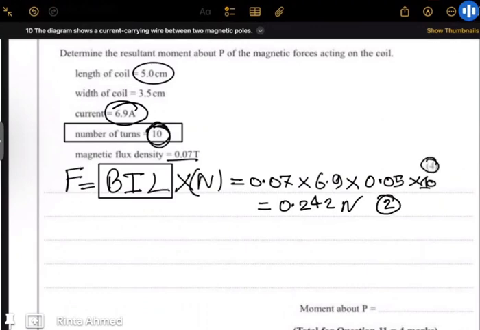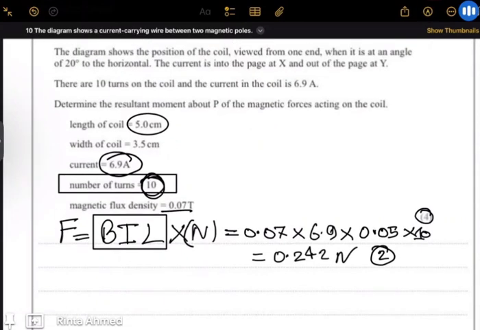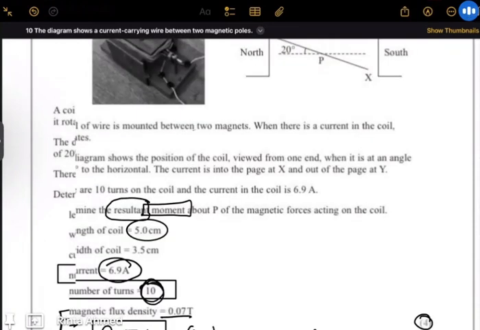So let's do the later part of the math. They have asked us to find out the moment. So we are done with finding out the force. Now we have to find out the moment, which requires the distance. And another thing that needs to be seen is that they have asked us to find out the resultant moment, not only the moment.